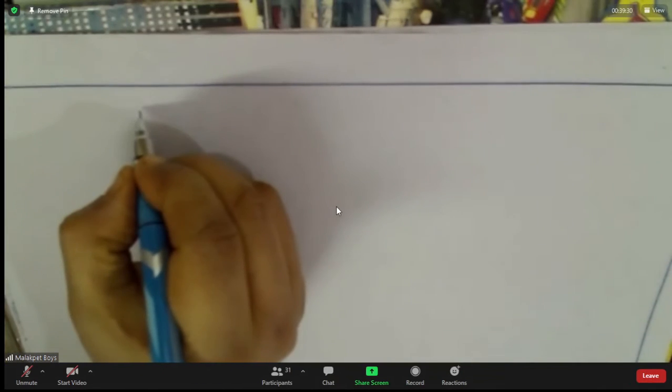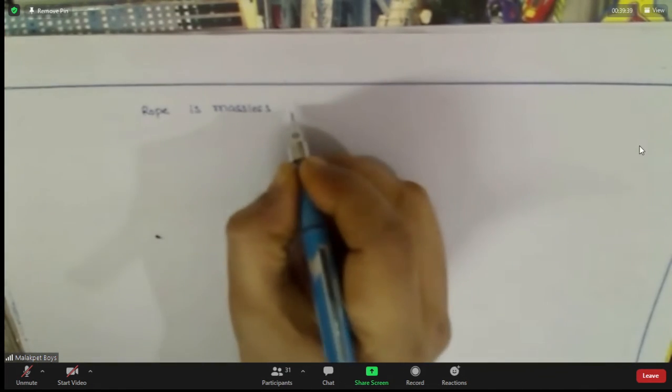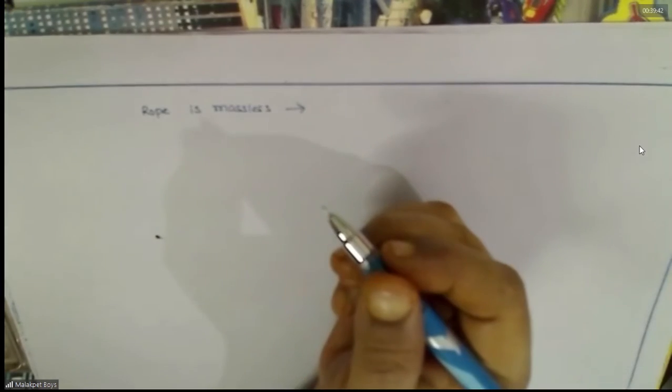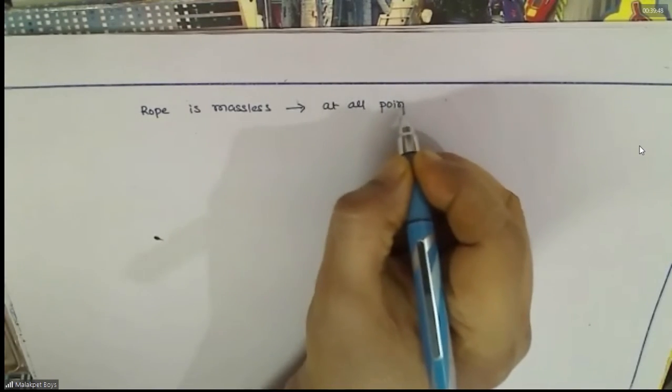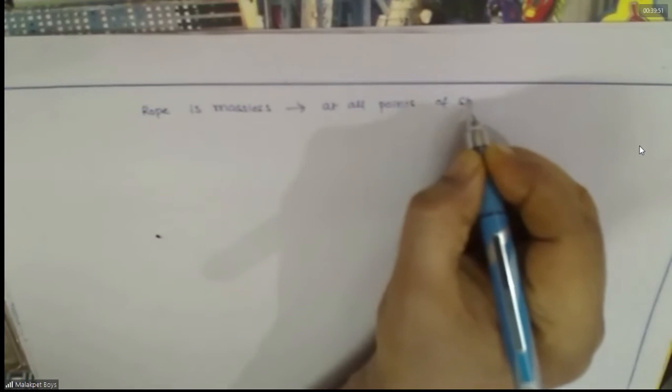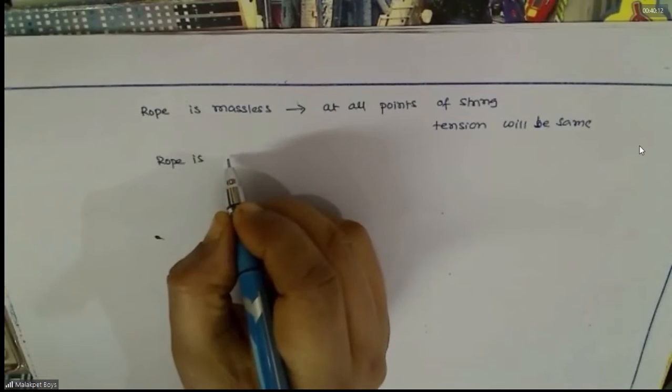See here, generally, what is the meaning of this? Remember? Yes, sir. Then what is meant when we say the rope is inextensible? What is the meaning? Tension. I already gave that.